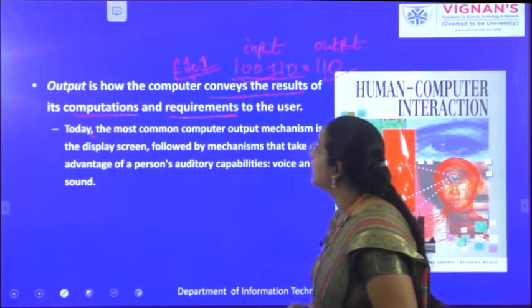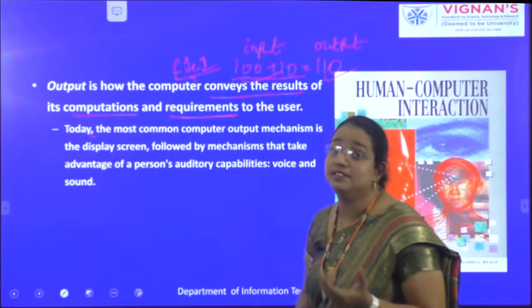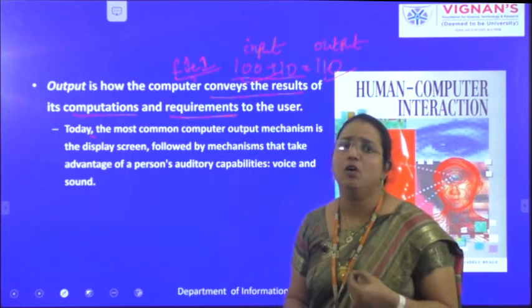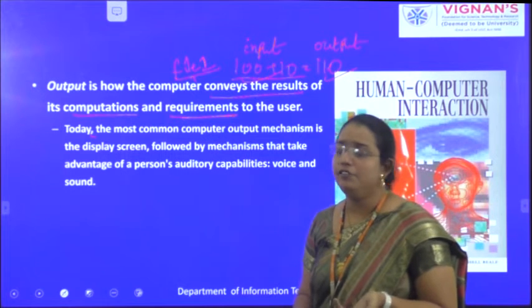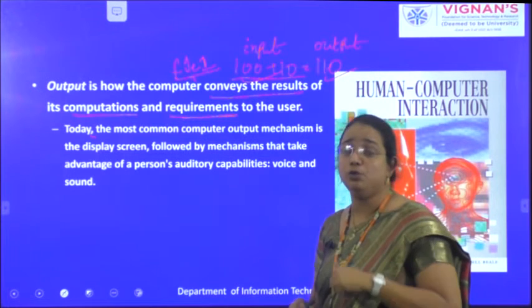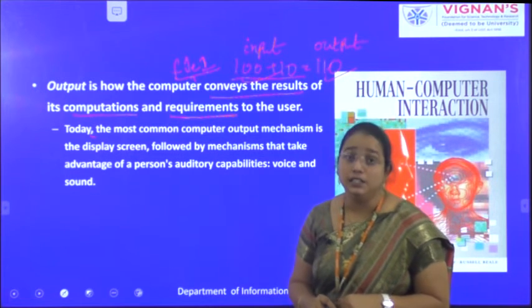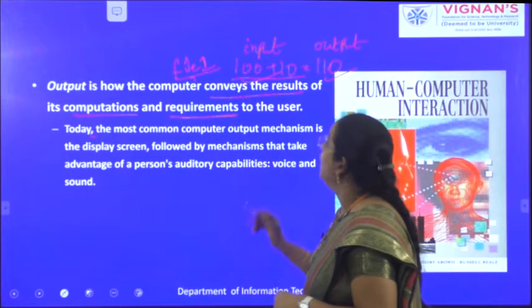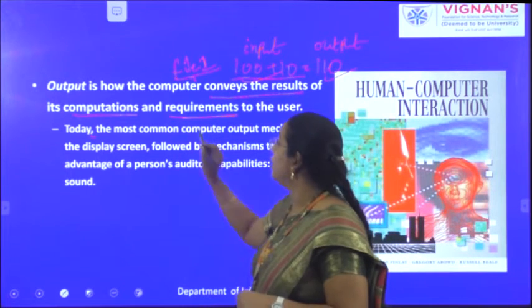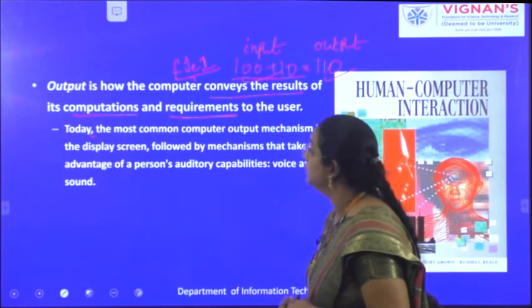So, output is how the computer conveys the result, whether it is a computation or another requirement, to that particular user.